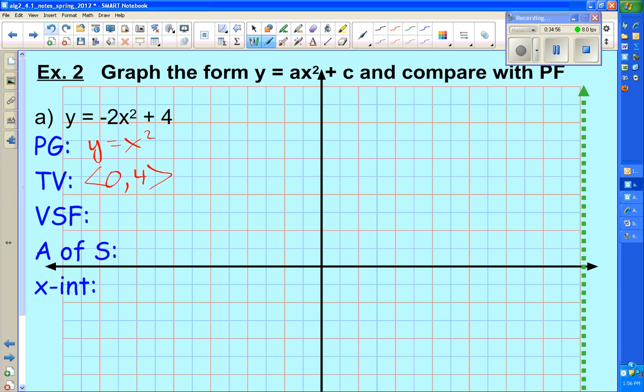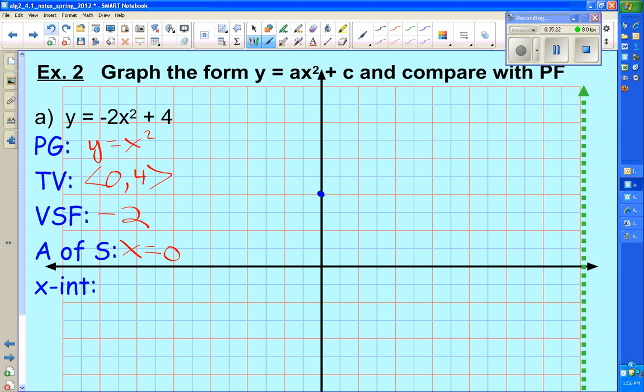Vertical stretch factor, negative 2. Axis of symmetry is x equals 0, and the x-intercept is going to become, we don't know. We're going to wait and see. So when we graph this, we start at 0, 4. We move the origin up 4 units.